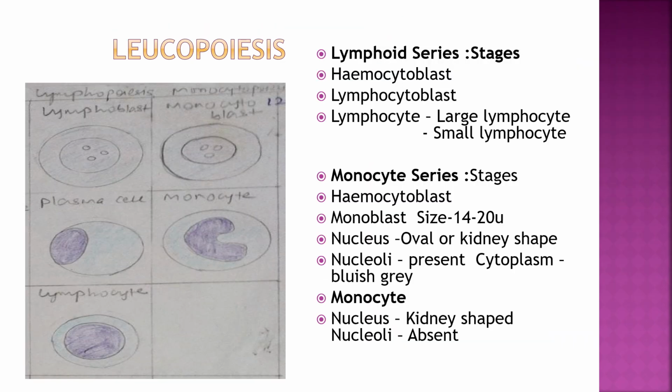In this diagram you can see all the stages of development, like in neutrophil it is neutrophilic myeloblast, then promyelocyte, myelocyte, metamyelocyte, band form, and finally segmented neutrophil. And according to the color differentiation in the cytoplasm, you can differentiate pink color neutrophilic, orange color eosinophilic, and bluish black color that is basophilic.